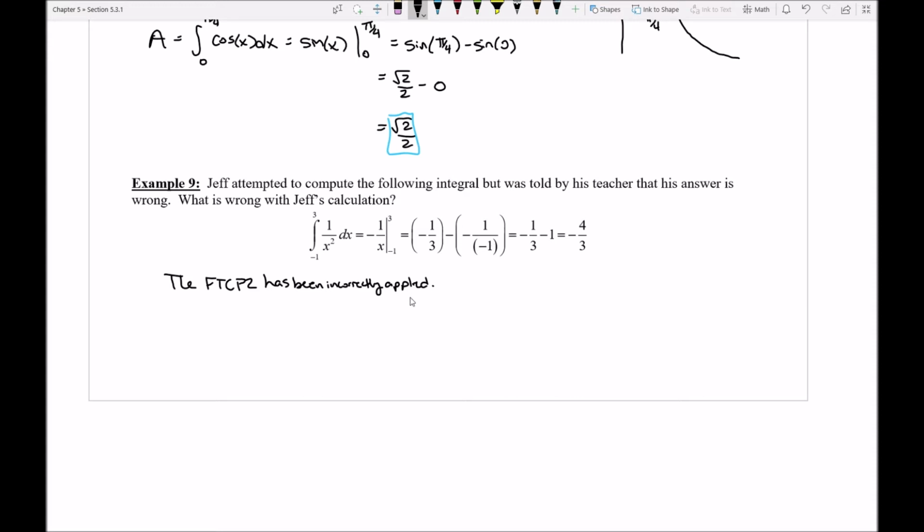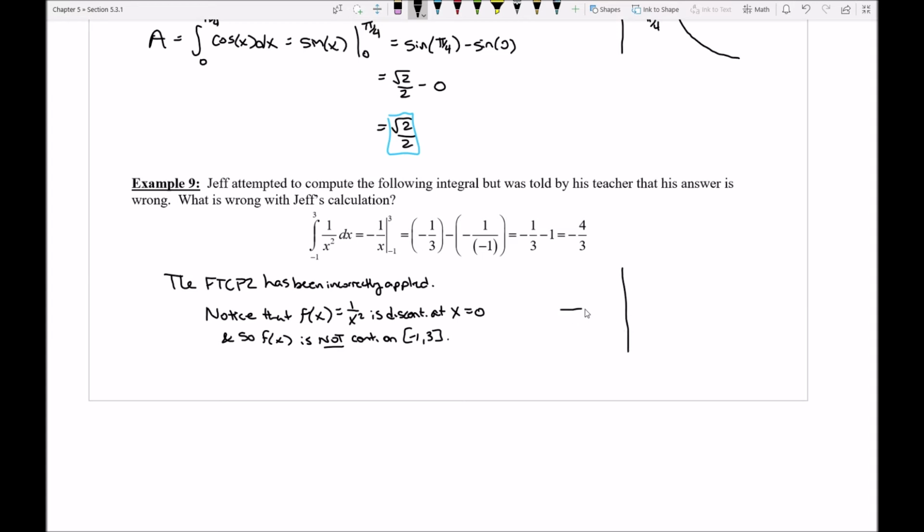Well, the reason for this is that notice that f of x equals 1 over x squared is discontinuous at x equals 0. And so f of x is not continuous on the interval from negative 1 to 3.